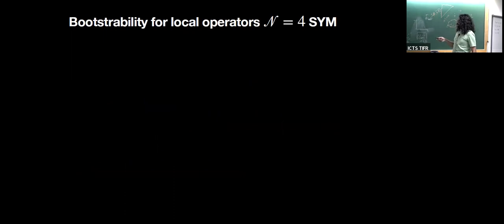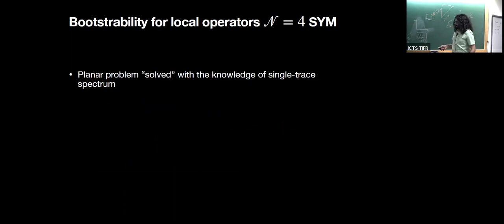So let's think about bootstrability for local operators in N=4 super Yang-Mills. In some sense, actually, the moment you know the planar spectrum, you have solved the problem of multiple higher-point correlation functions as well in the planar limit, simply because of large N factorization.